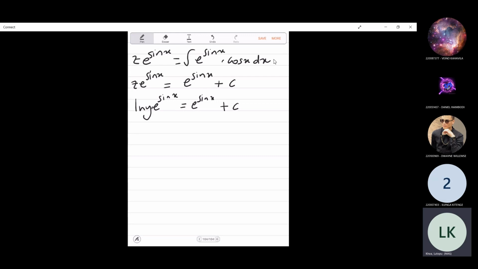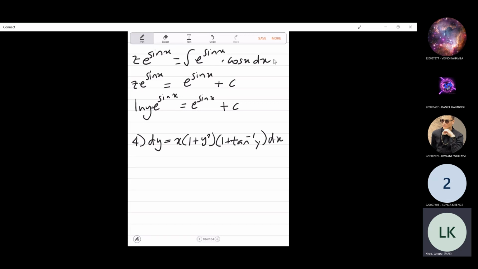Okay, in number 4, we have dy is equal to x times 1 plus y squared, 1 plus tan inverse of y dx.